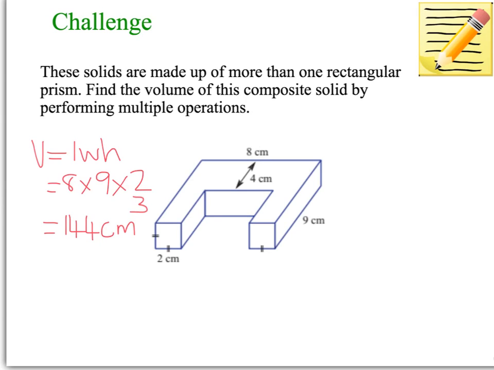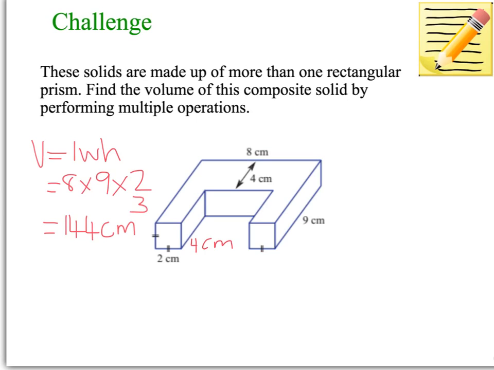So now we've got to try and figure out what the length, width and height is of this part here and take it away from the total. We know that this is 8 centimeters, so this across here will be 8 centimeters. But we know that this is 2 centimeters and this is the same as well, so that's 2 centimeters. So we need to take that total away from 8, and that will mean that this here is 4 centimeters. So this little space here is 4 centimeters.